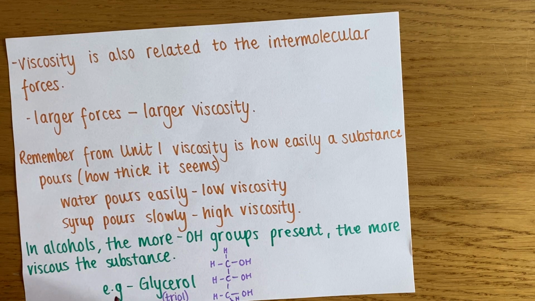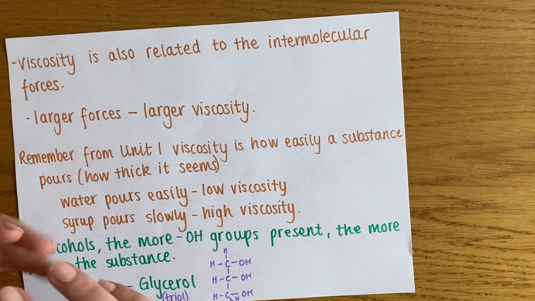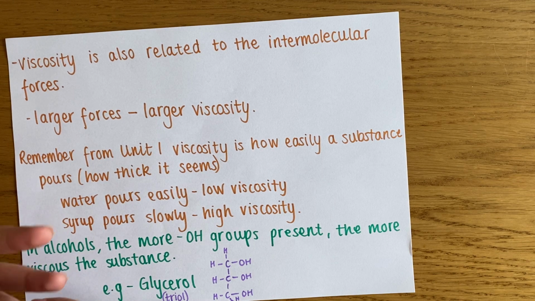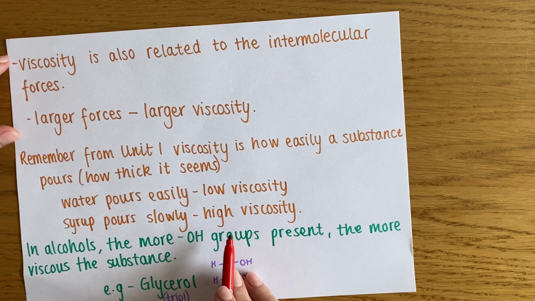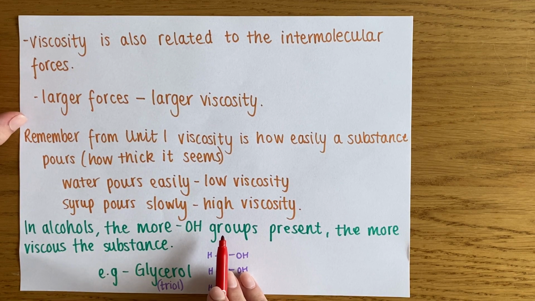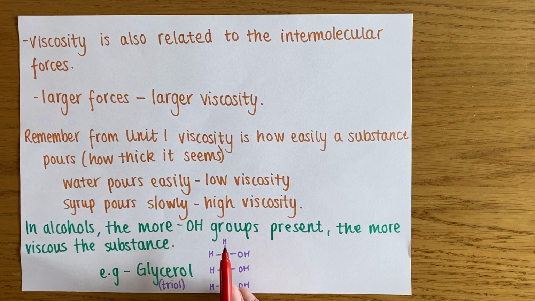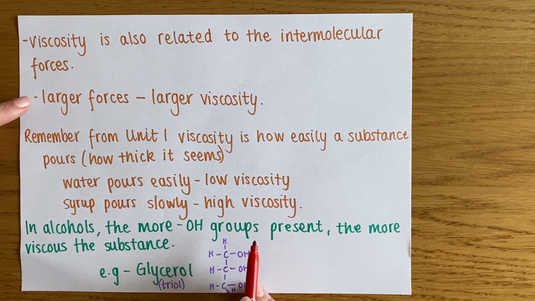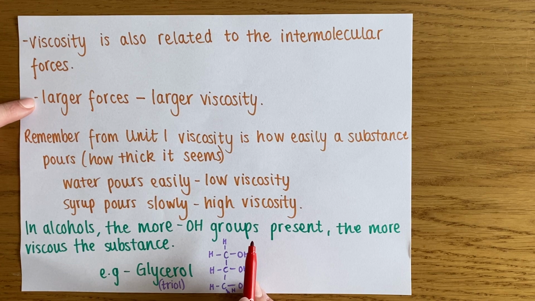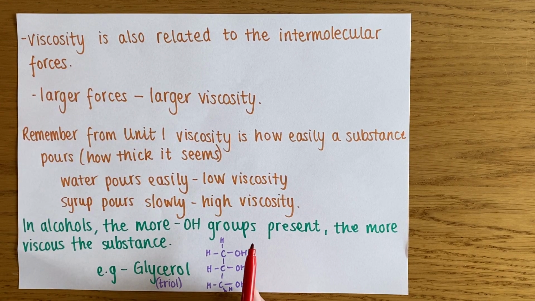This is all to do with the intermolecular bonding, okay, and the stronger that bonding is, the higher viscosity it's going to have. So basically the thicker it's going to come across. Okay, so the larger force or the stronger force, the larger viscosity.